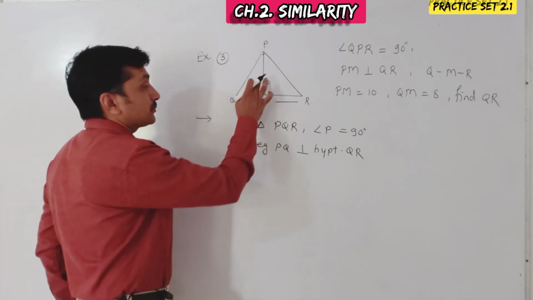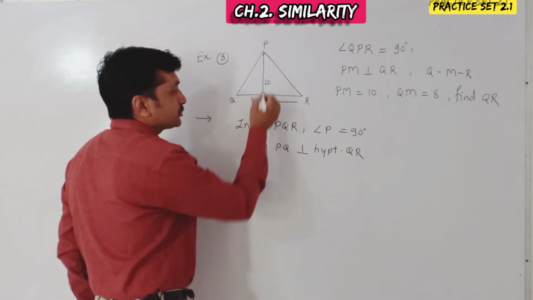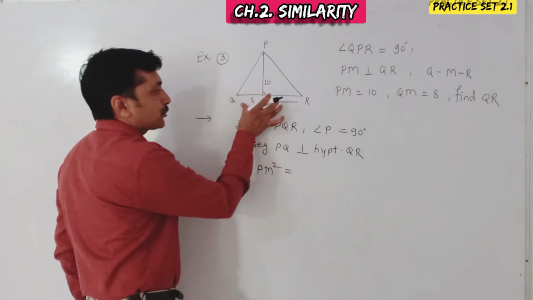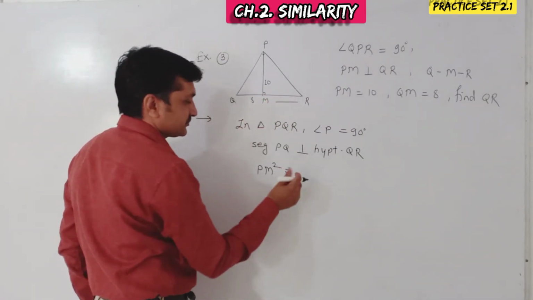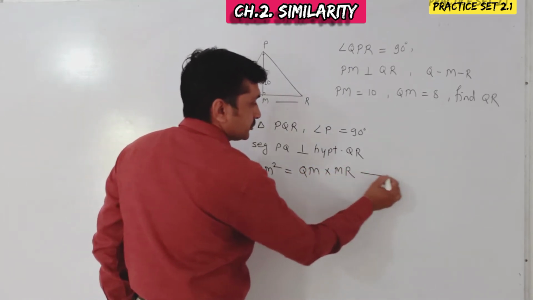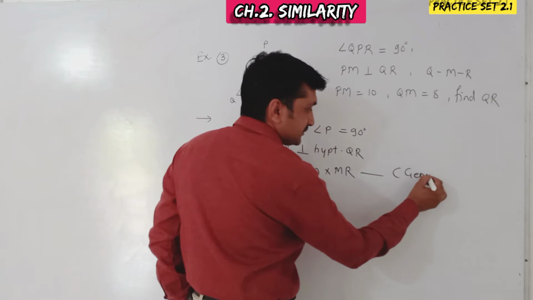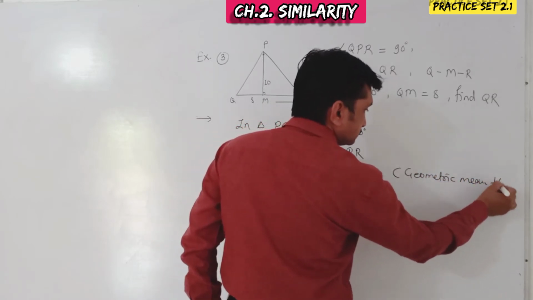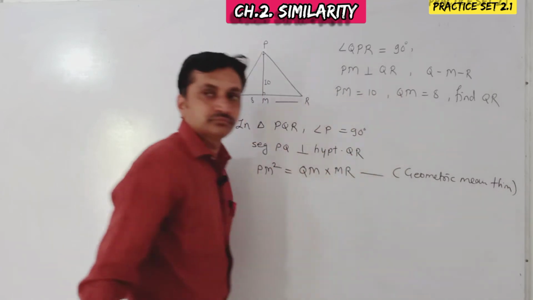Perpendicular square or altitude square. What is the altitude? PM. Therefore PM square is equal to the product of segments of the hypotenuse, then QM multiplied by MR. Give here the reason, geometric mean theorem. Now put values.